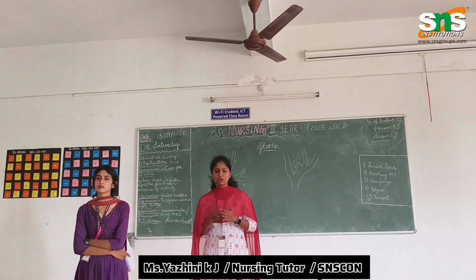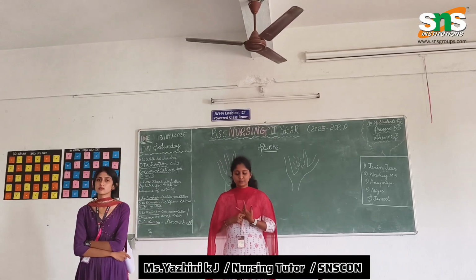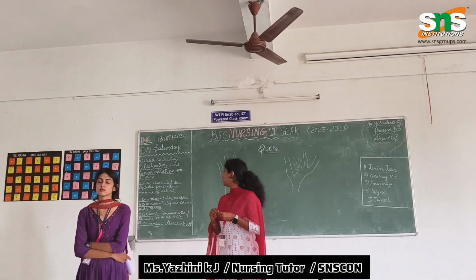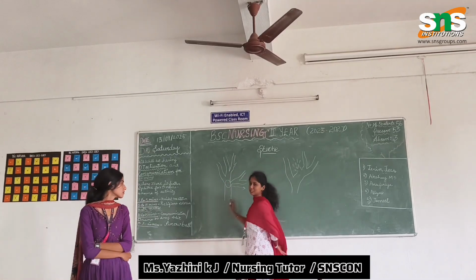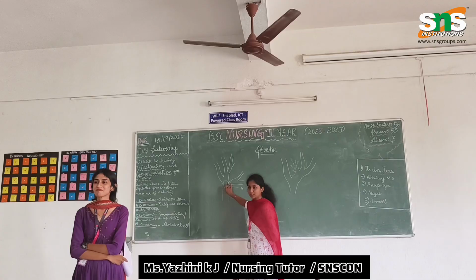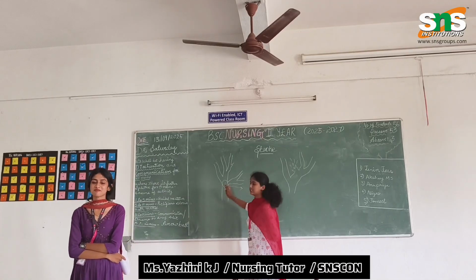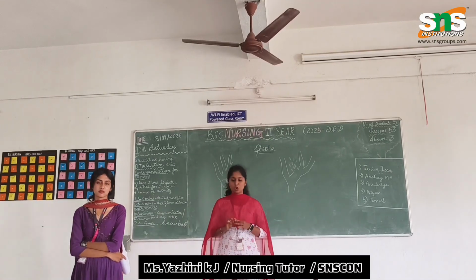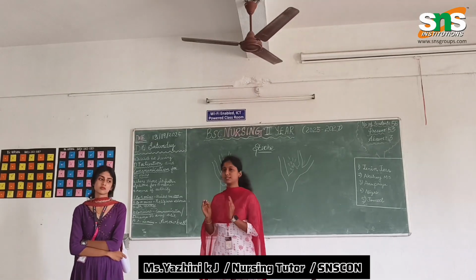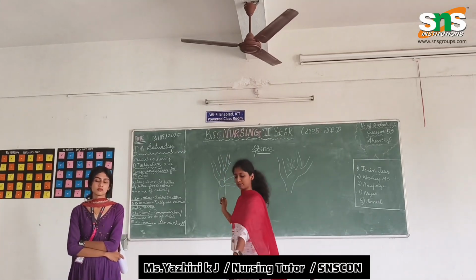The types of stroke are, first, ischemic stroke, which is caused due to blockage. Imagine this is a blood vessel. When the blood vessel has a blood clot, this blood clot leads to ischemic stroke. 85% of cases are caused by this type of ischemic stroke.